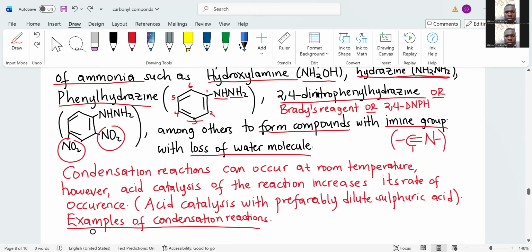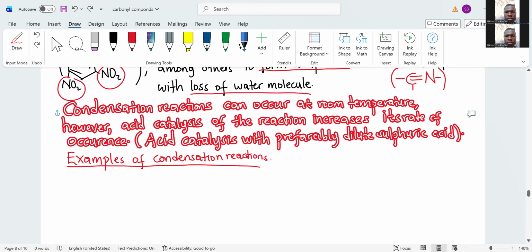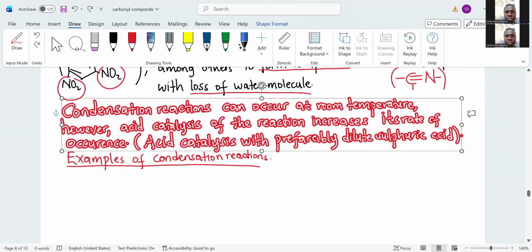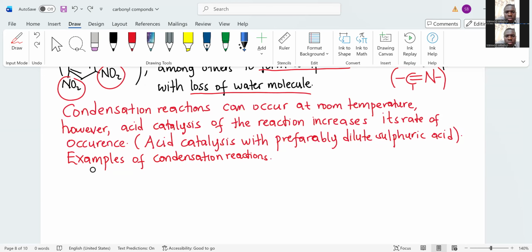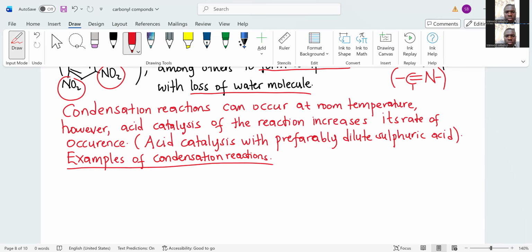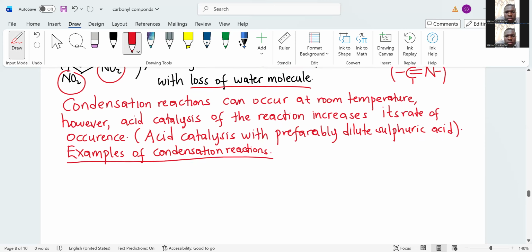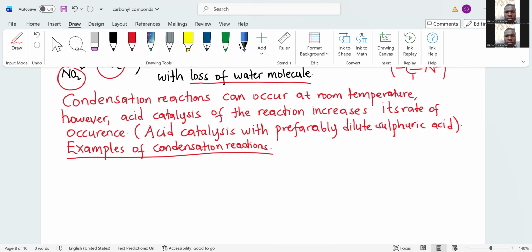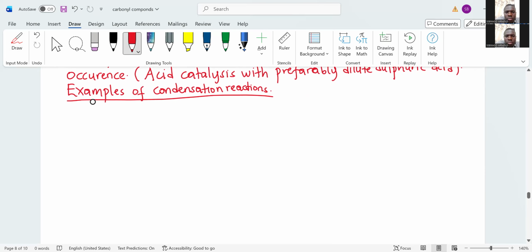The reaction mechanism follows the same pathway. However, I'm going to create a distinction: we can have a reaction occurring at room temperature and also when it is acid catalyzed. Therefore, for examples of condensation reactions, we have two cases: in absence of a catalyst, and also in presence of a catalyst.